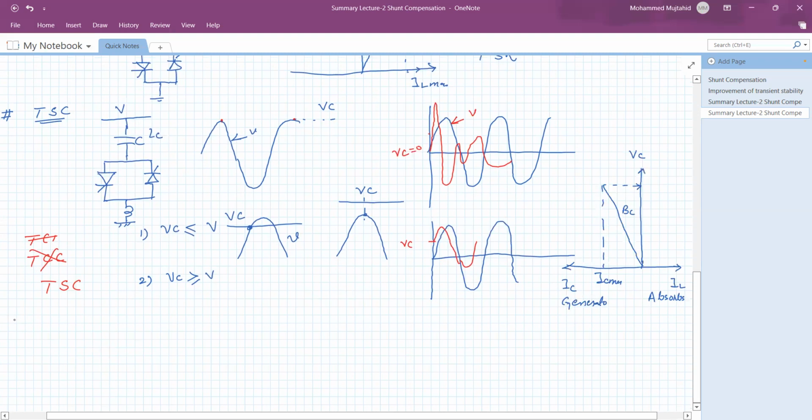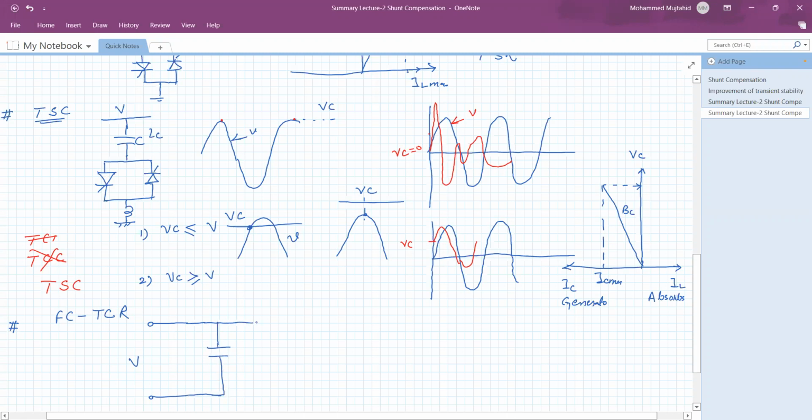So this is for the thyristor switched capacitor. Now the next one is the fixed capacitor thyristor controlled reactor. In this case, the diagram is in this way. The first part is the fixed capacitor, connected to the system voltage or the transmission line.